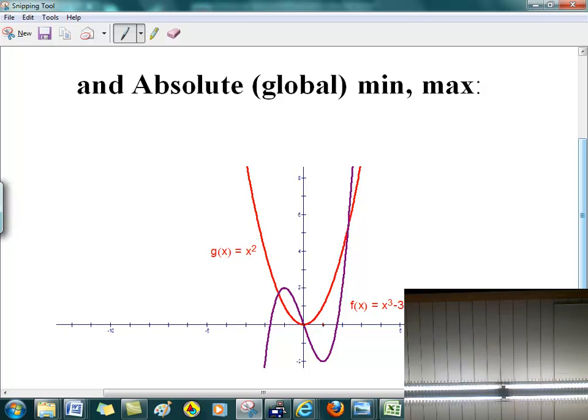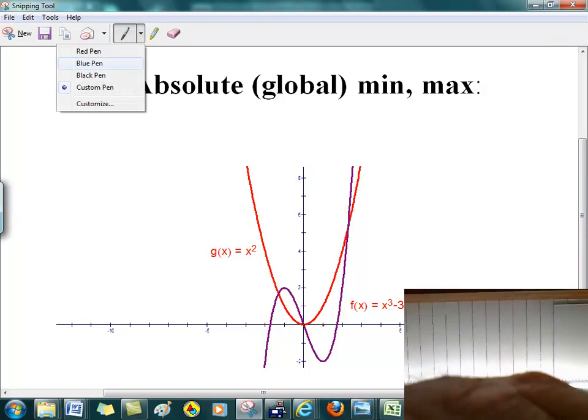Notice that there are two functions there, okay? There's g(x) and an f(x). Got it? Okay, so let's take a look at the red one first.